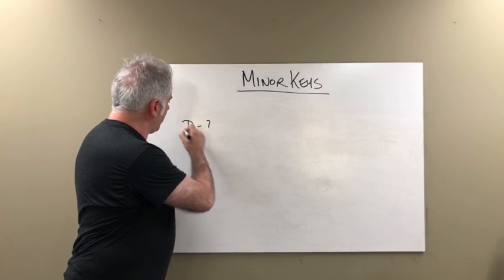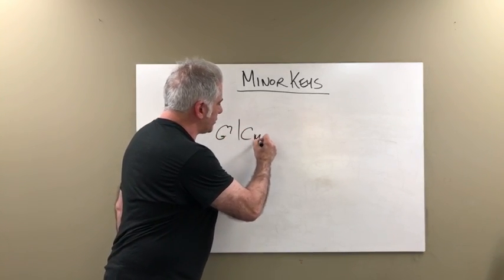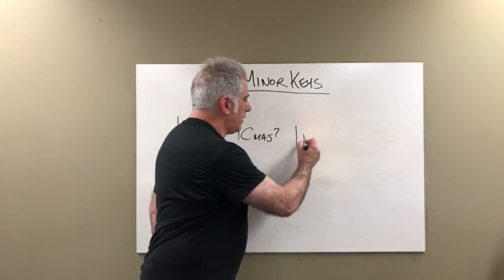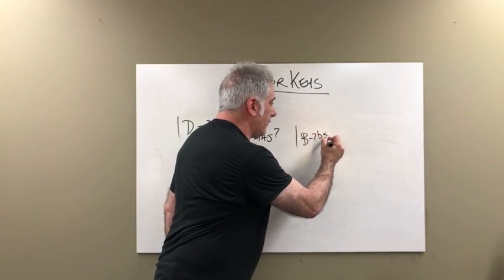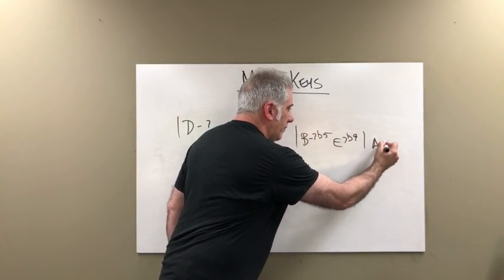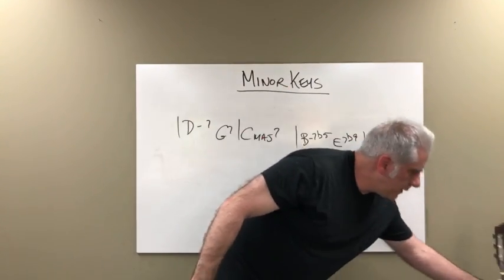I'll just make one up. D minor 7, G7, C major 7. Then you go B minor 7 flat 5, E7 flat 9, A minor 7. Okay, let me play that for you. You go like this.